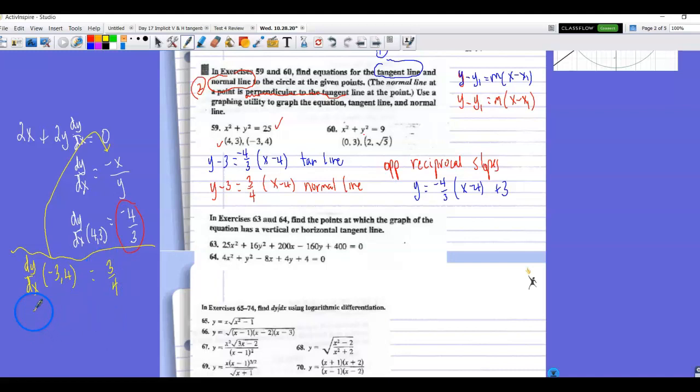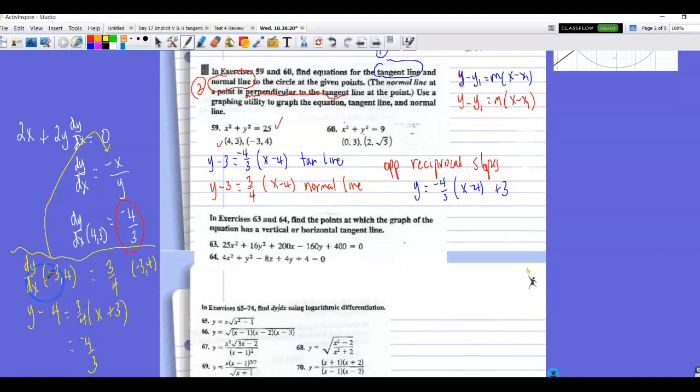So the slope would be 3/4 and the point would be (-3, 4). So y minus 4 is equal to 3/4 times x plus 3. And then the equation of the normal line would be the same, except the slope would be -4 over 3, because perpendicular lines have opposite reciprocal slopes.